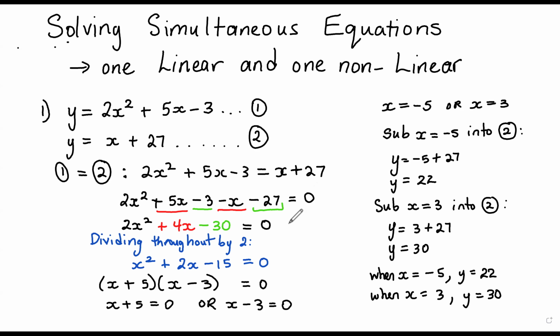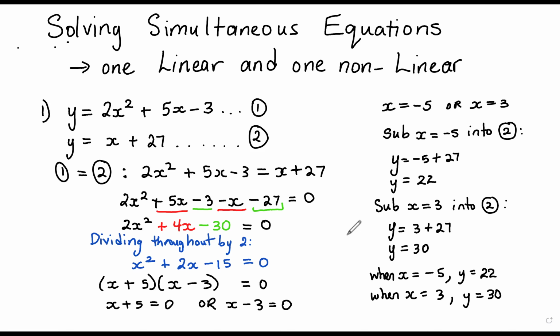Another thing that I did here, which is something you should actually practice: whenever you have an equation, it doesn't matter if it's a quadratic or not, if you have a common factor throughout, you can divide by that common factor to use smaller numbers. It's always easier to use smaller numbers than bigger numbers, especially if it's a quadratic where you're going to have to factorize, right?